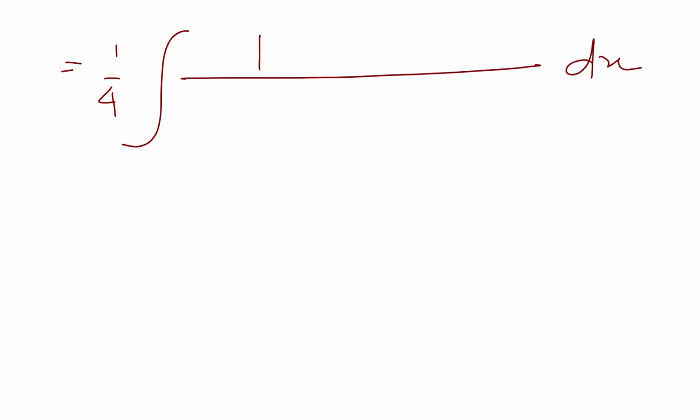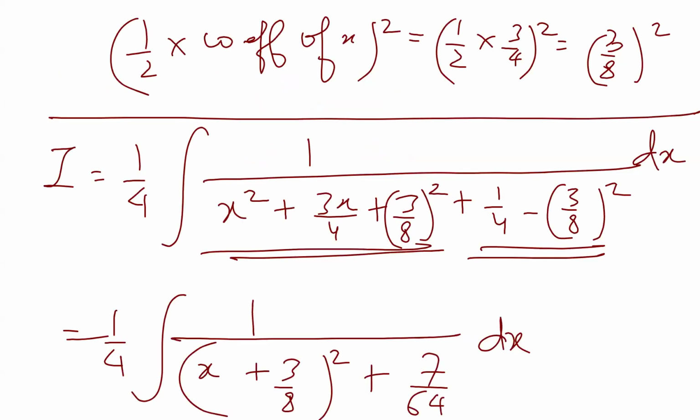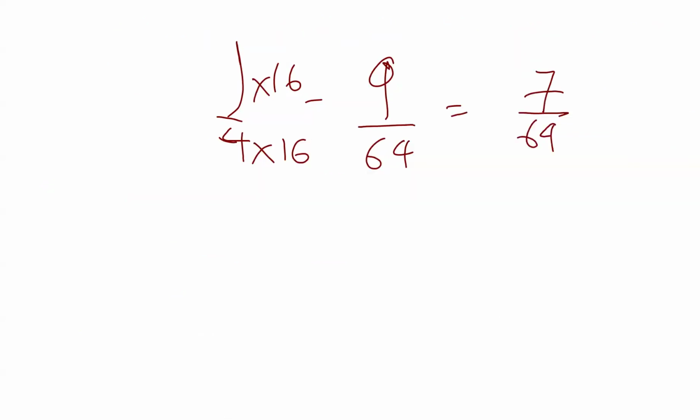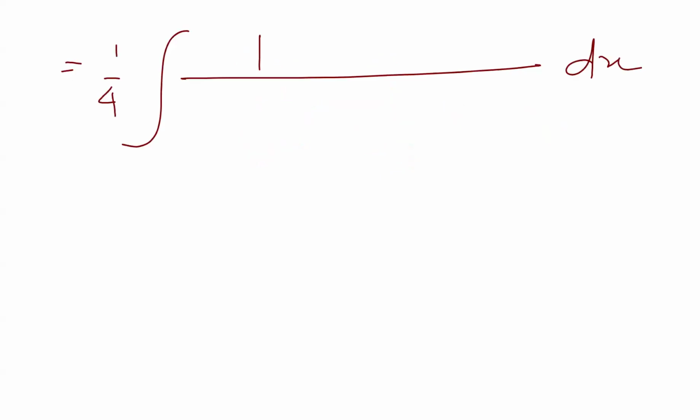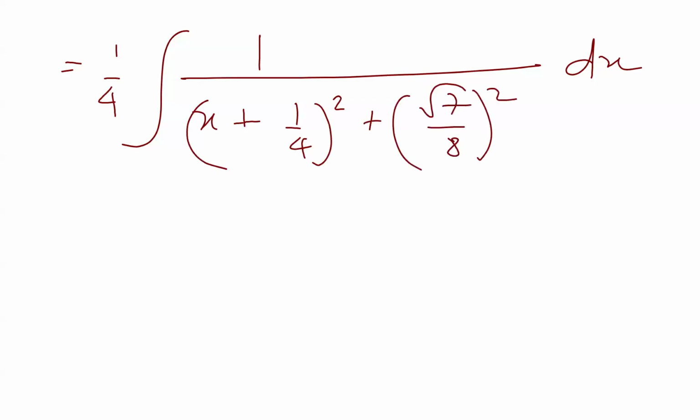So this is equal to 1 by 4, x plus 3 by 8 the whole square plus root 7 by 8 the whole square.